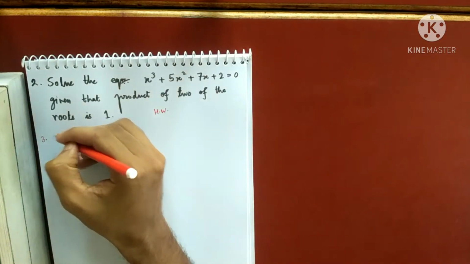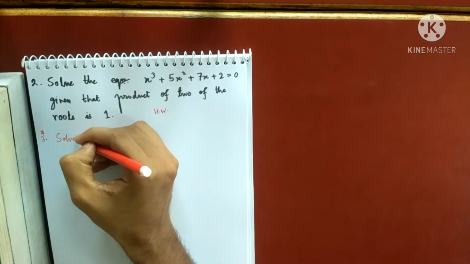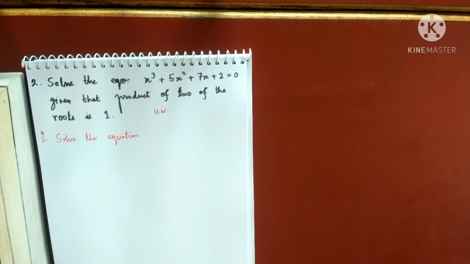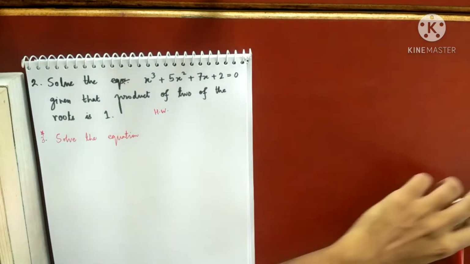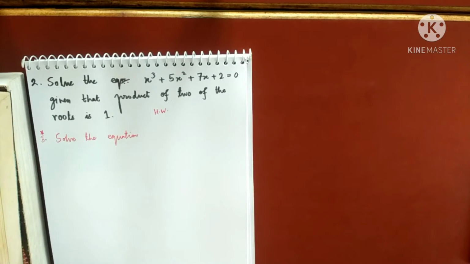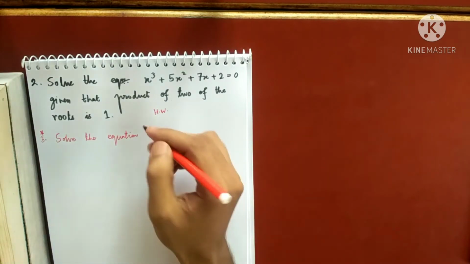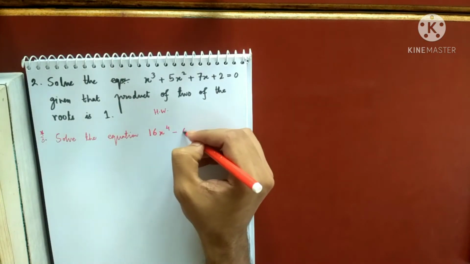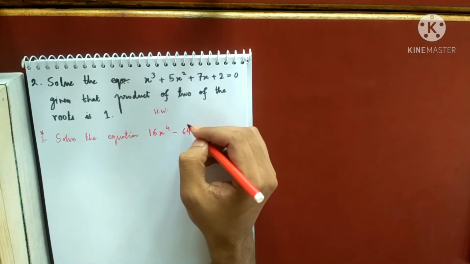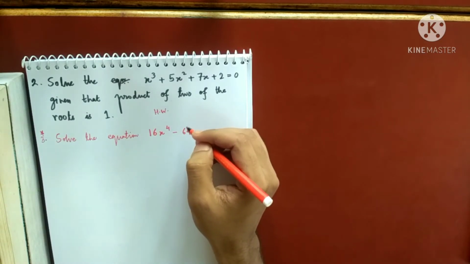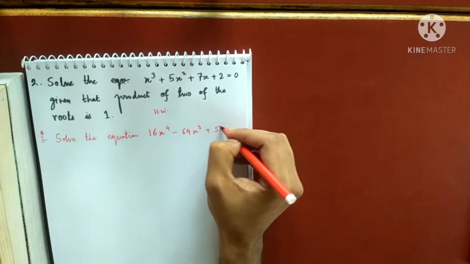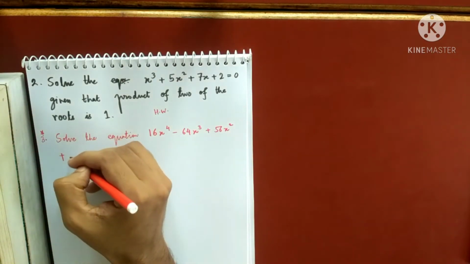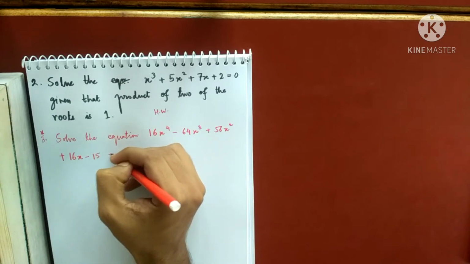Solve the equation. This is one of the most important questions, okay? Solve this equation: 16x to the power 4 minus 64x cube plus 56x square plus 16x minus 15 equals 0.